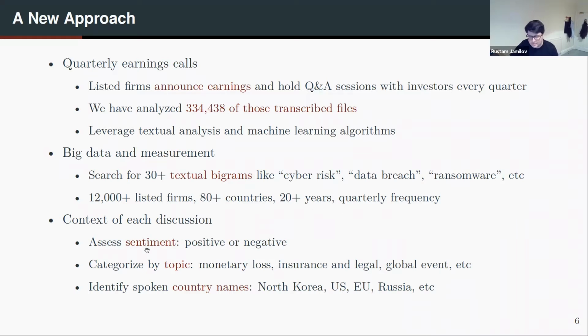We also analyze sentiment. We have a large vocabulary of words that signify positive or negative attitude. The simplest ones would be bad, detrimental, or good, positive, delighted, and things like that. We also categorize each discussion by topic. We try to connotate every paragraph within a 50-word limit.